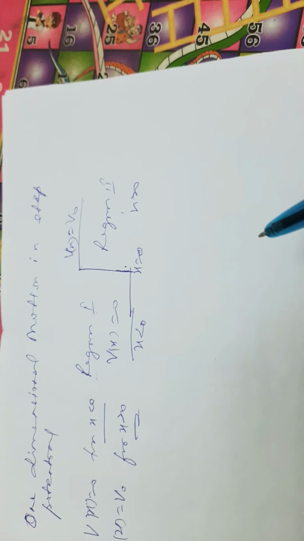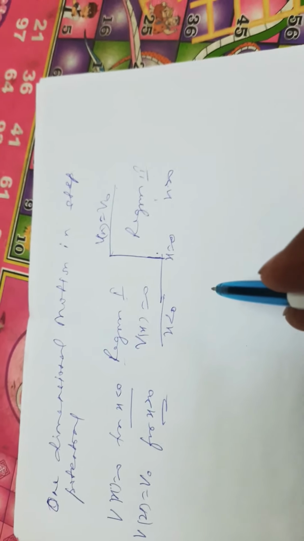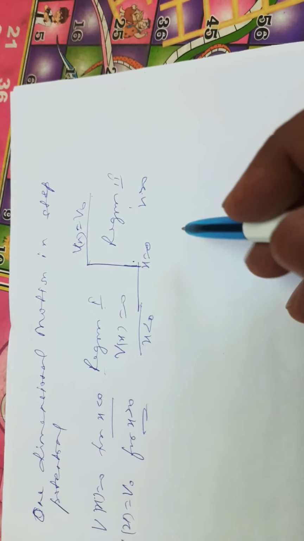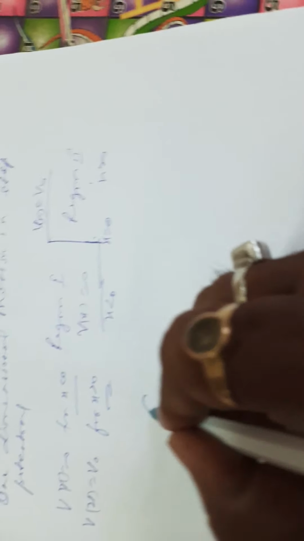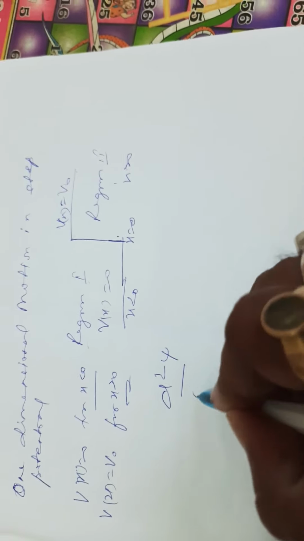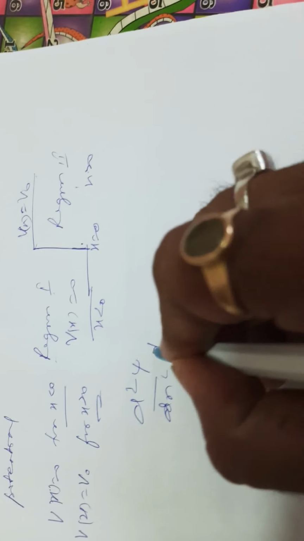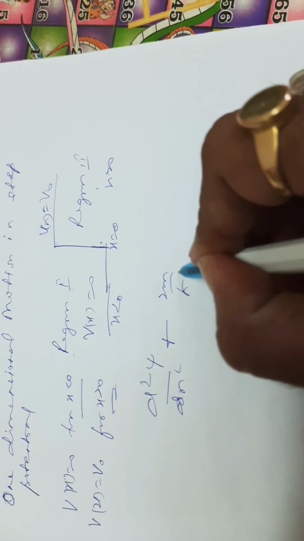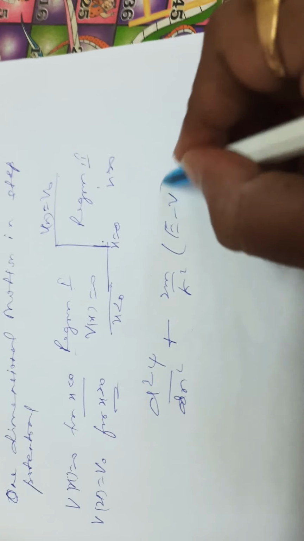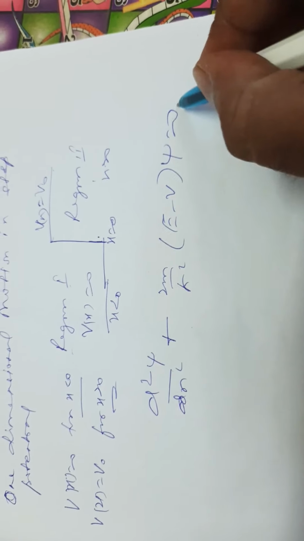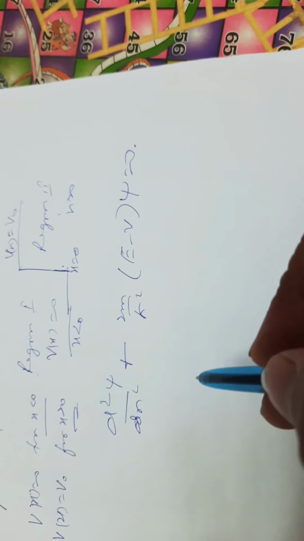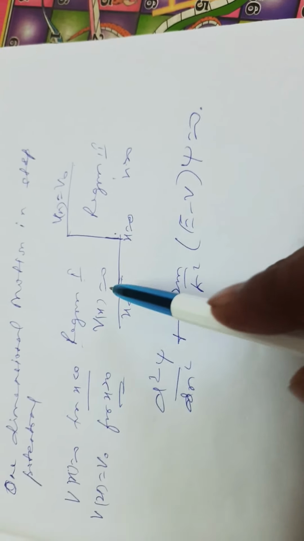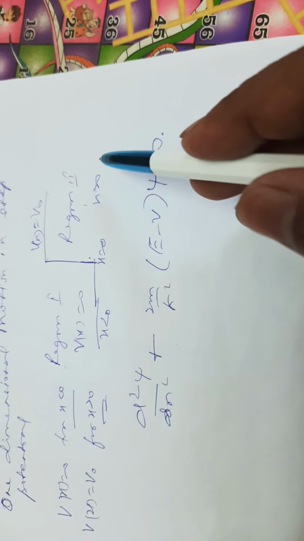So the time independent Schrodinger equation in one dimension is d square psi by dx square plus 2m by h cross square into (E minus V) into psi is equal to 0. Now considering the wave function in the two regions, we take psi 1 in region 1 and psi 2 in region 2. So we can write the equation for the two regions separately.